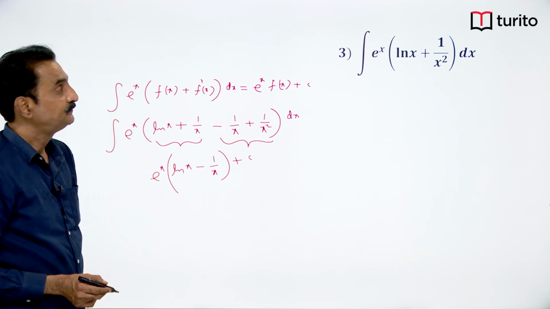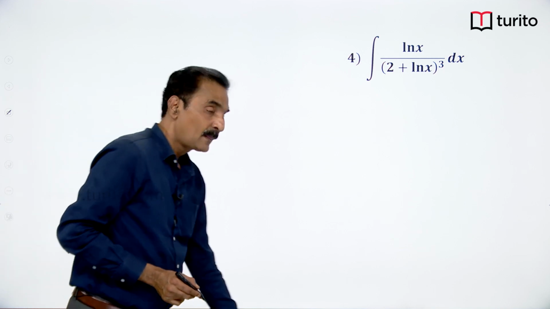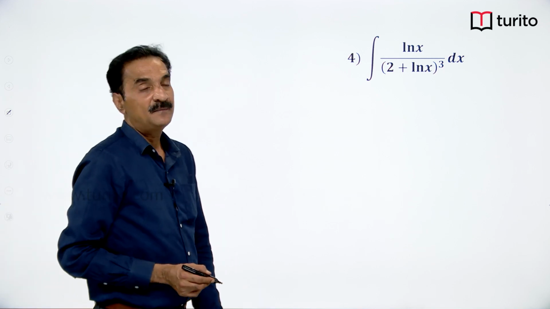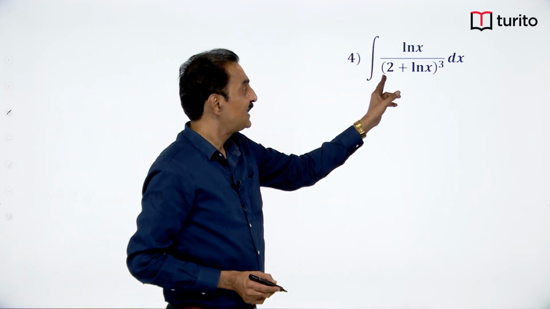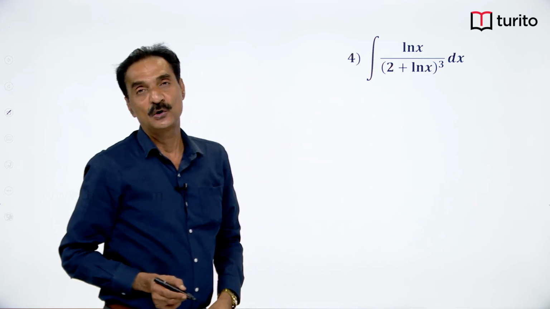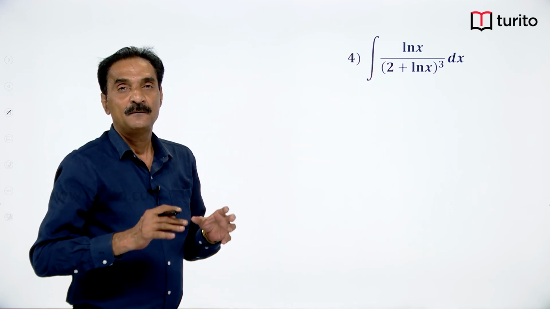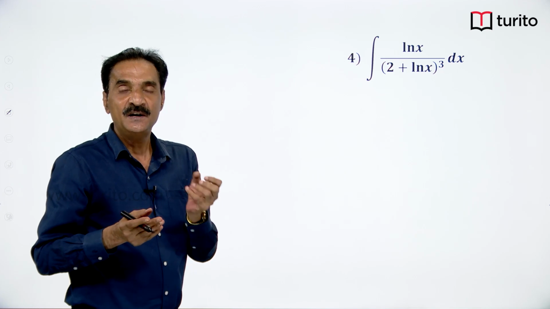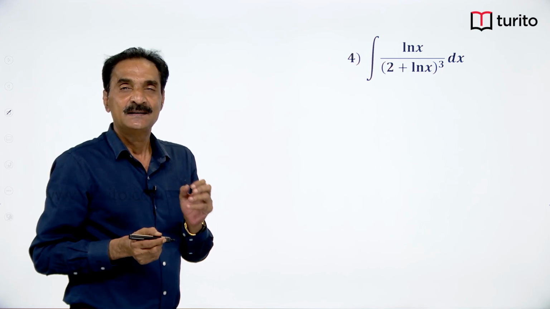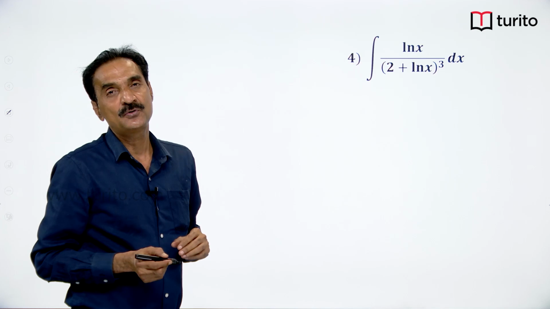Next question. Integral ln x by 2 plus ln x whole cube. Whenever the whole function is in terms of ln x, then put ln x is equal to t.